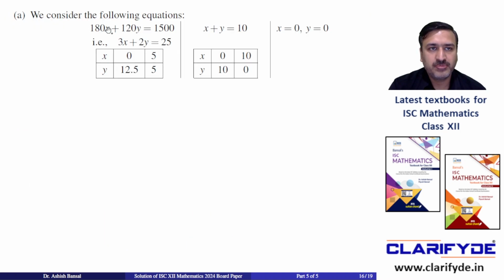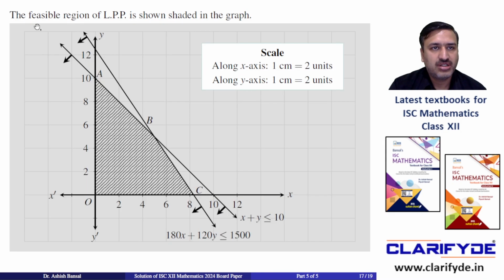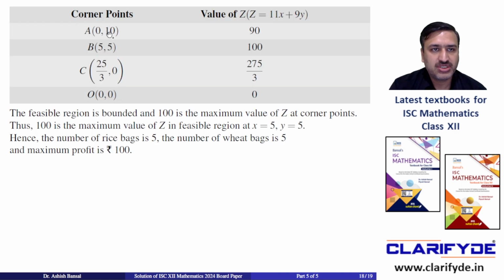We can plot these two equations on the graph to get this graph, and the feasible region is shown shaded. The corner points obtained are A, B, C and O. So these are the corner points.